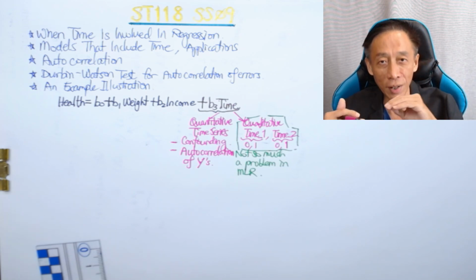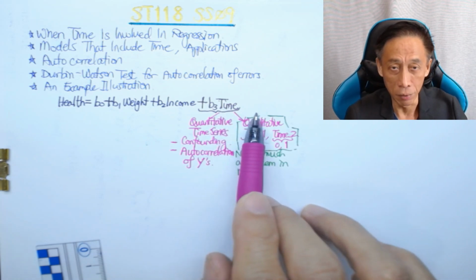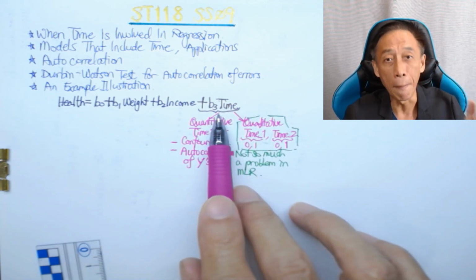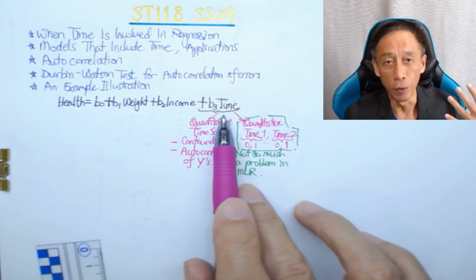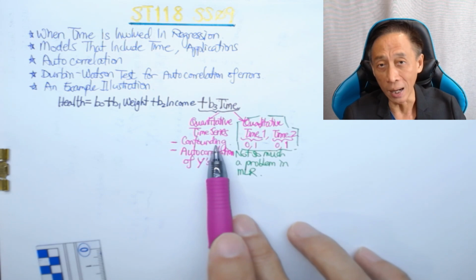Okay. Of course, given long enough time, that's why the range of the time period and the intervals, how frequently we are sampling, make a lot of difference whether we suffer from the ill effects or not.